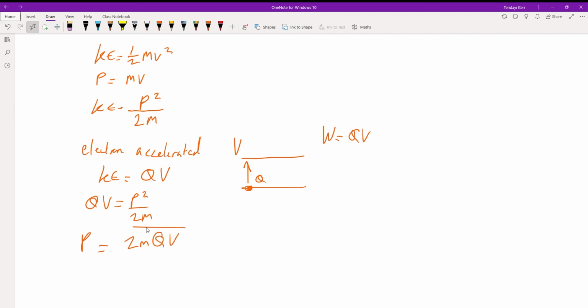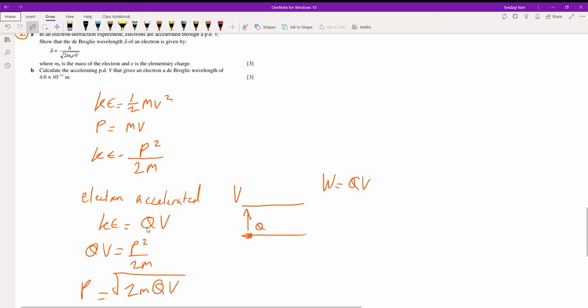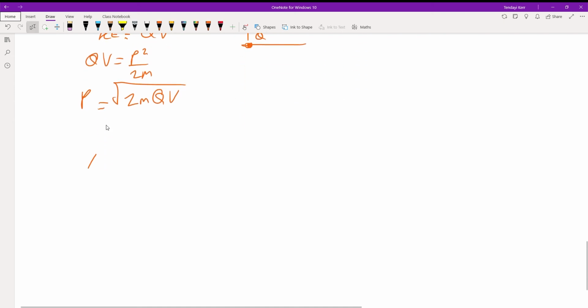Then we go back to our relationship: lambda is equal to h over p, and substitute that in. We've got an expression for p, which is the square root of 2mQV.